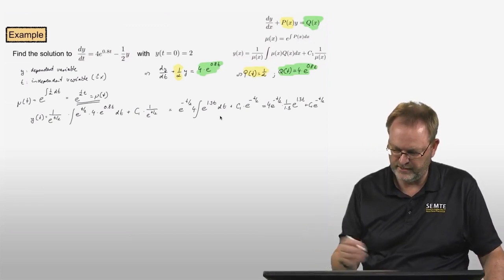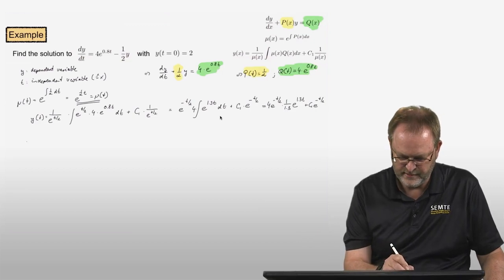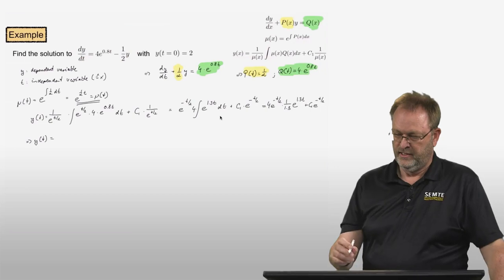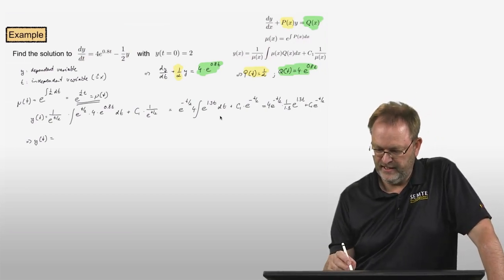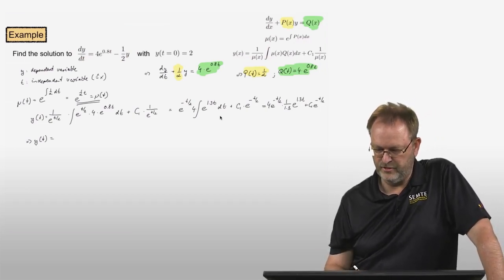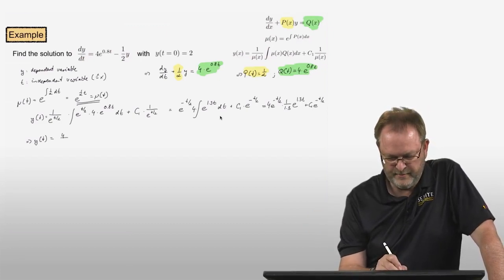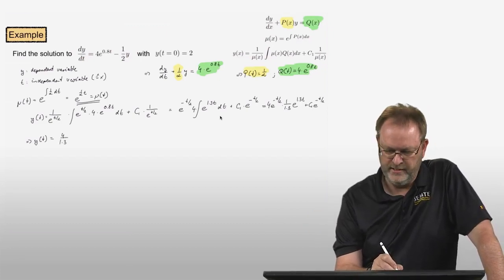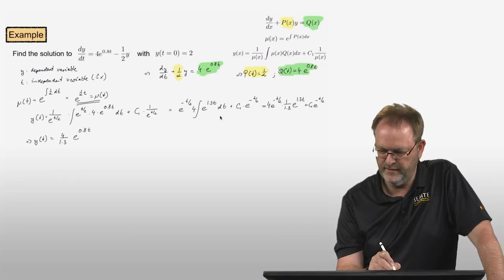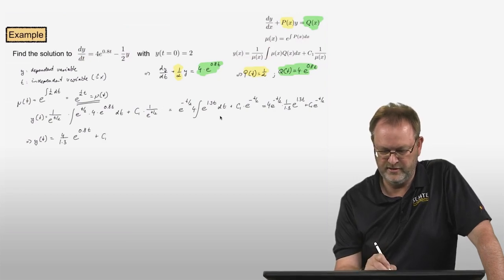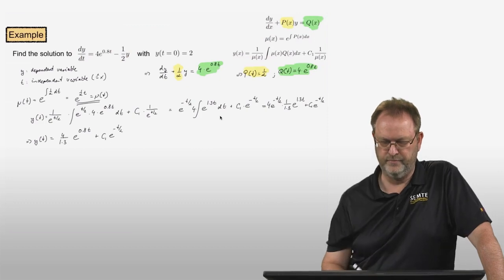Okay, so now we can simplify this a little bit before we apply the initial condition. The 1.3t and the e to the power minus 0.5t combine, so we have 4 divided by 1.3 times e to the power 0.8t, and then plus c1, the integration constant, times e to the power minus t over 2.